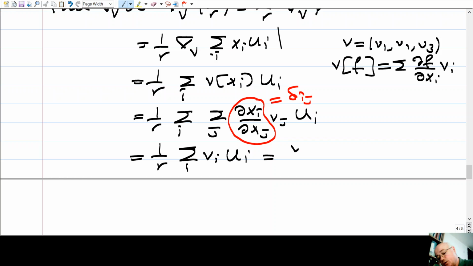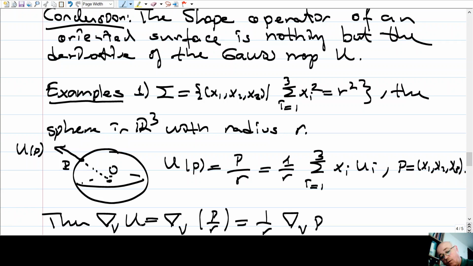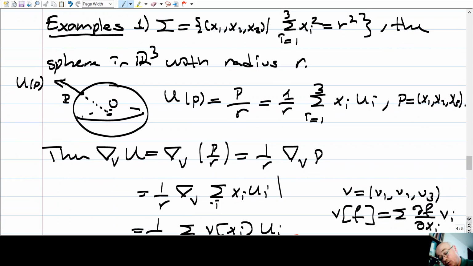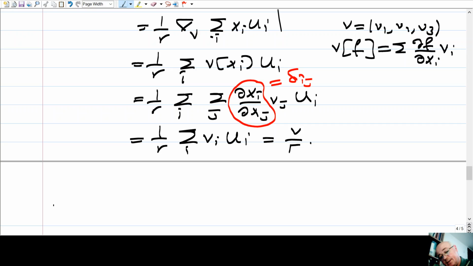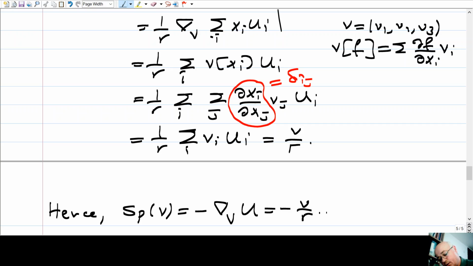So this is v over r. This is the covariant derivative of u with respect to v. Hence the shape operator at v, which was minus this, is just minus v over r.